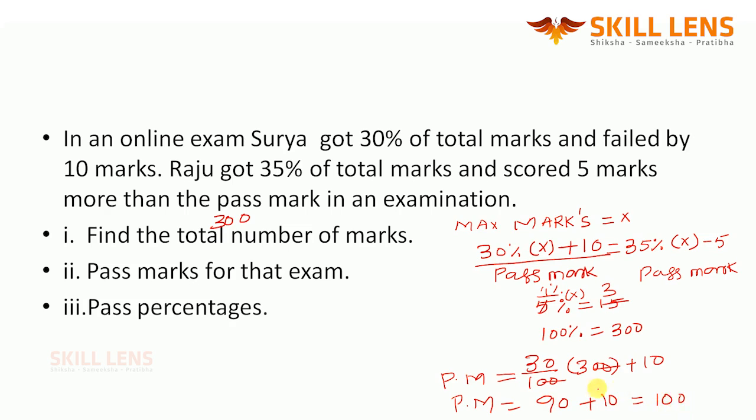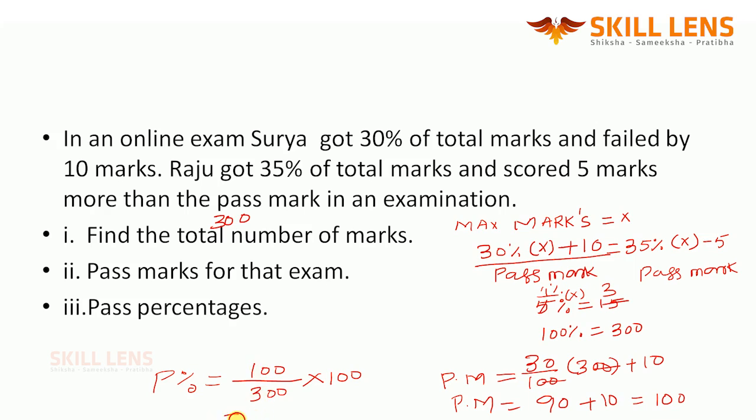Once you got your pass mark, can you calculate your pass percentage? Yes. What is your pass percentage? When you come across this symbol, as in our first lecture, in the numerator, what are we comparing? Yes, I am comparing the pass mark with the total marks. What is the total marks? 100 by 300 into 100. What is 1 by 3?